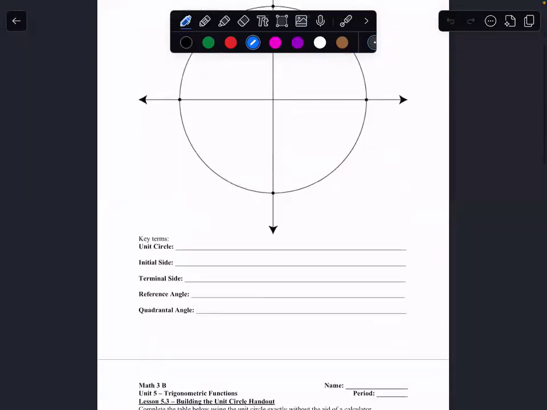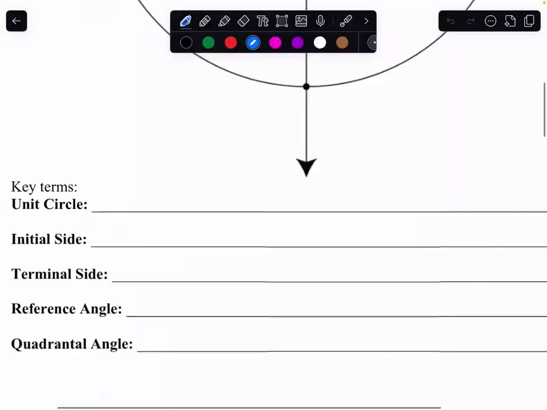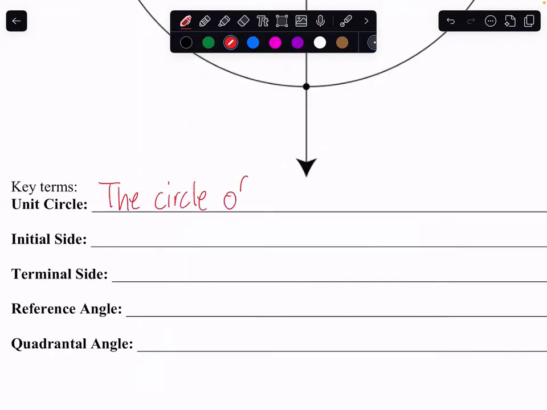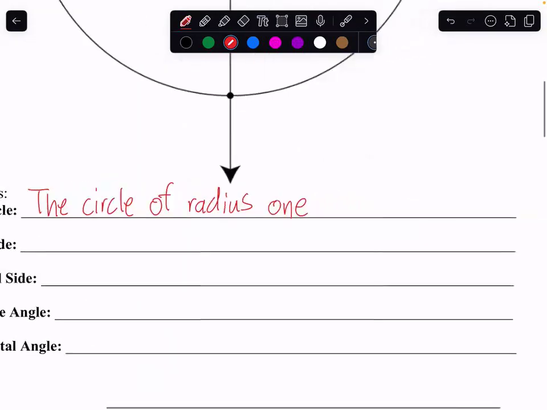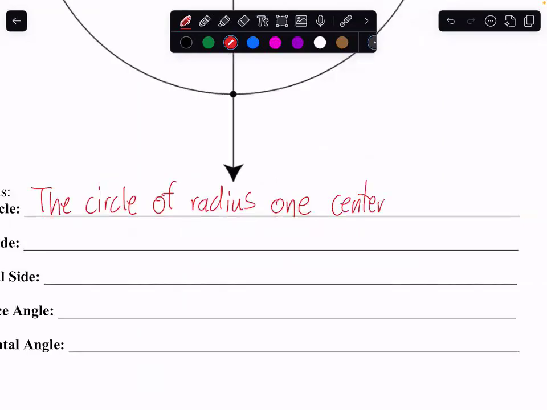Let's define some vocabulary. What you see pictured up here is called a unit circle. This is the circle of radius 1, centered at the origin.